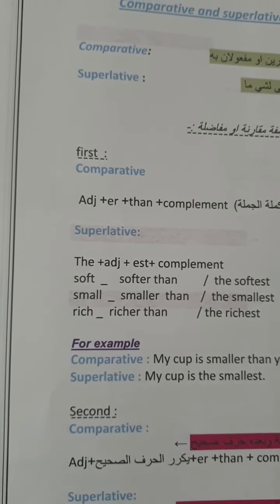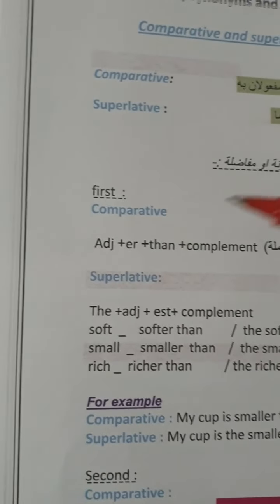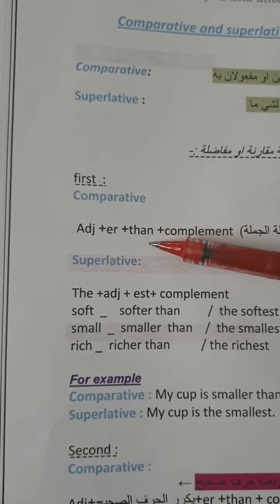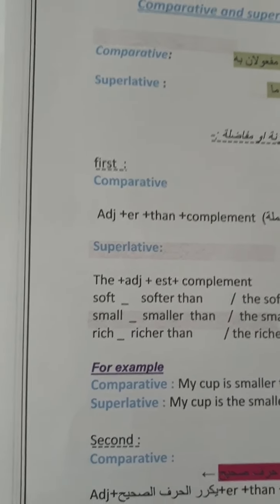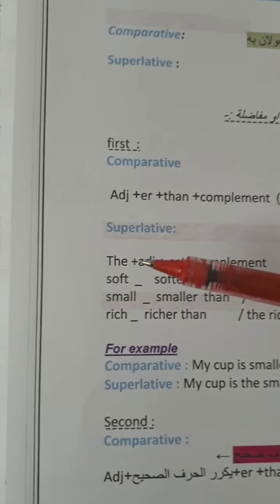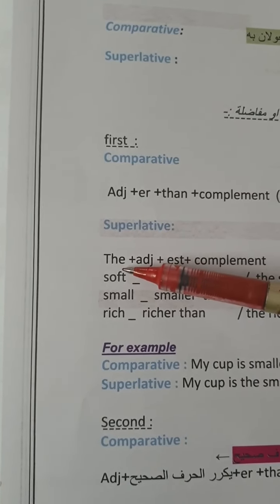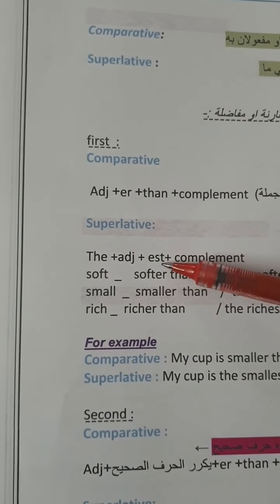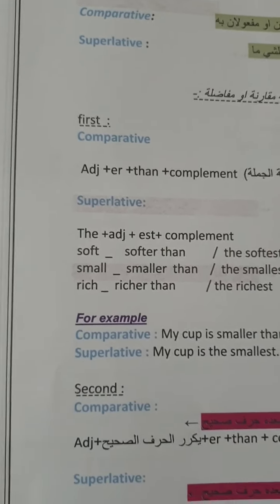يعني حيكون كالتالي: صفة من مقطع واحد راح نضيف لها ER وبعدها than ونكمل الجملة. في حالة صفة المفاضلة قبل الصفة راح نخلي the ونضيف EST ونكمل الجملة.